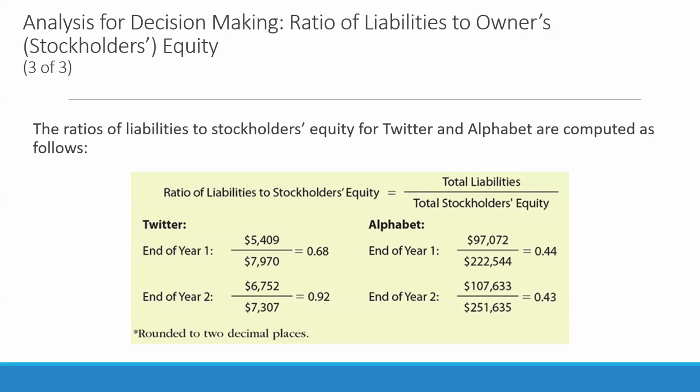So there's more cushion for the business to lose money because they have more assets in relation to how much debt they actually have. So when a bank is looking at these ratios, generally they're more likely to lend to a business with a lower ratio than a higher ratio, especially at the end of the year.